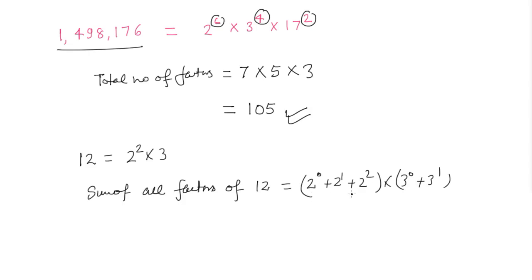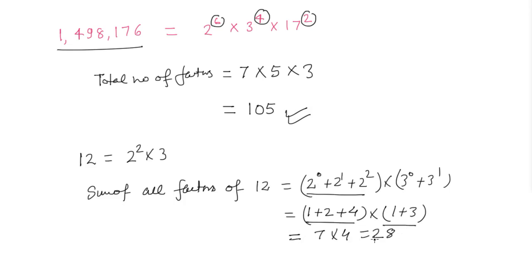So if we calculate these numbers, this would be 1, this would be 2, and this would be 4, and this would be 1 plus 3. By multiplying these numbers, we can get 28. So the sum of all factors of 12 equals 28.